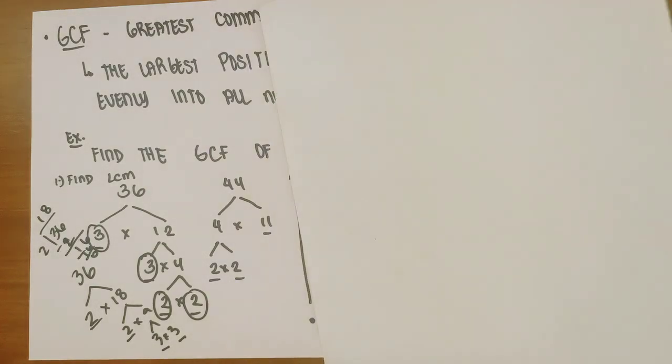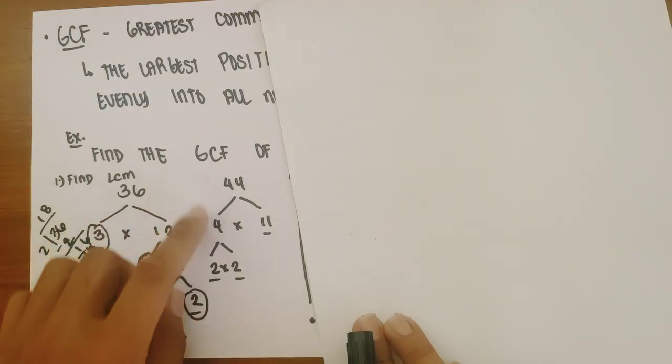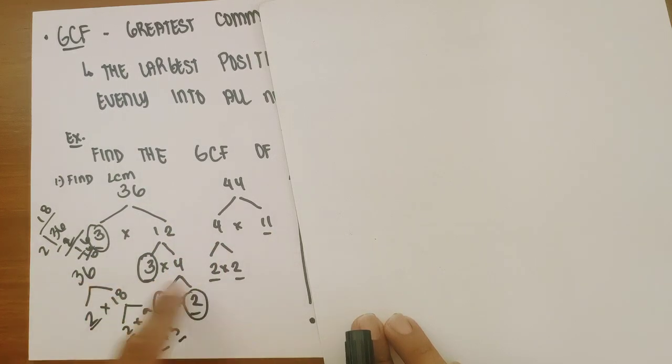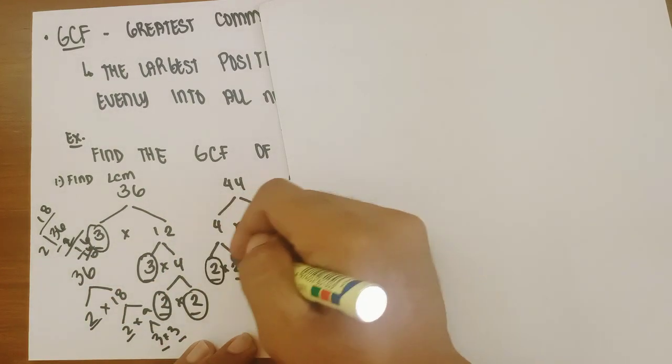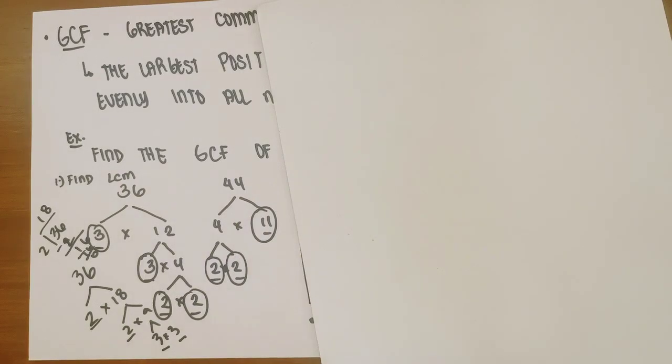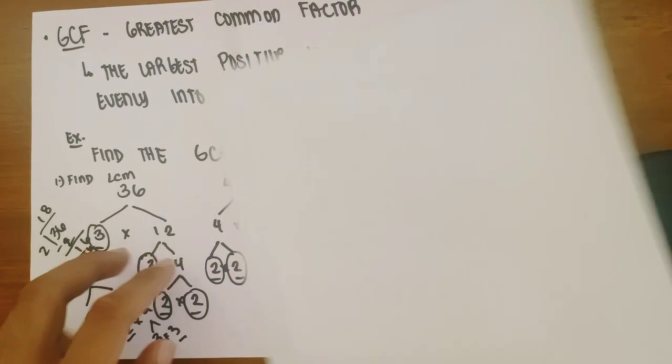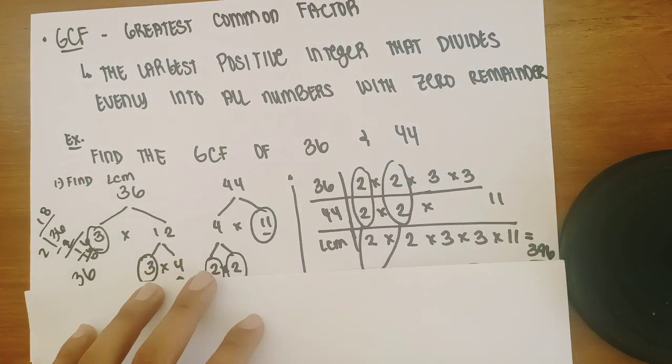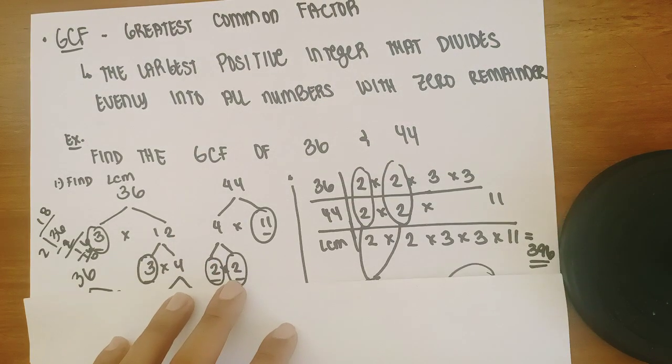Next is 44. Same din. So, meron tayong ito, yung mga tumigil na. Diba? So, after finding this, gawa pa rin tayo ng table. Katulad ng table kanina. Ayan.